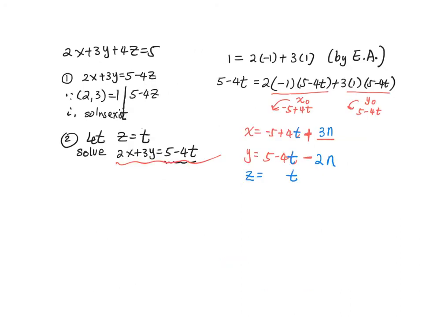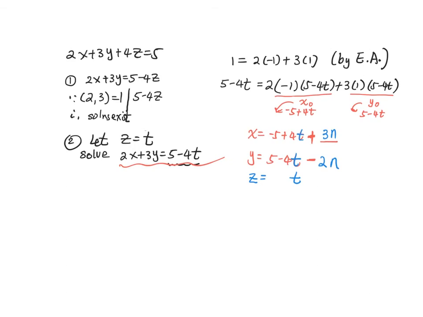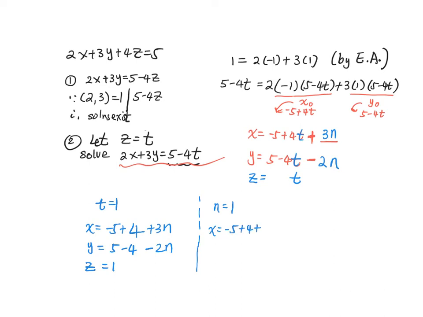Now, how do we find a particular set of solutions? For instance, when t is 1, your x is going to be negative 5 plus 4 plus 3n, y is 5 minus 4 minus 2n, and z is 1. In this case, you can pick n is 1, then x is negative 5 plus 4 plus 3, y is 5 minus 4 minus 2, z is 1.